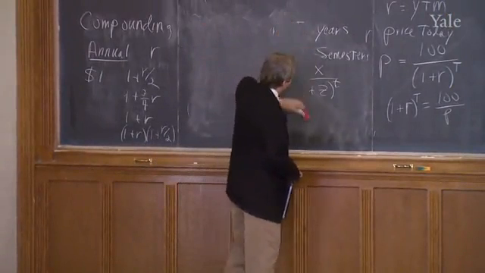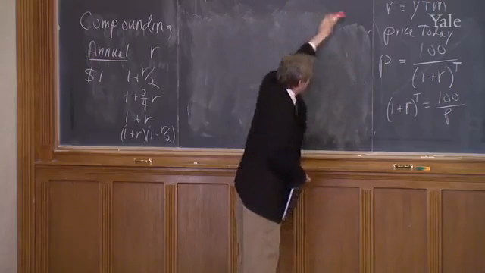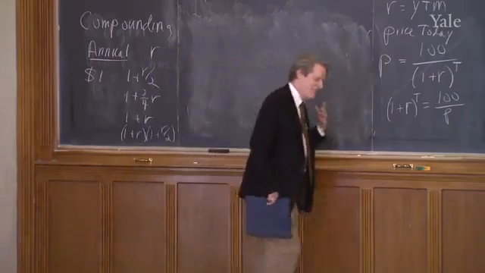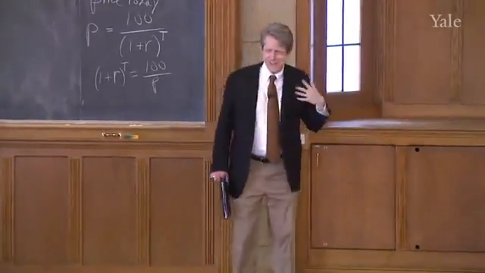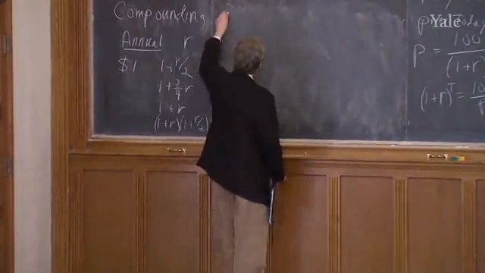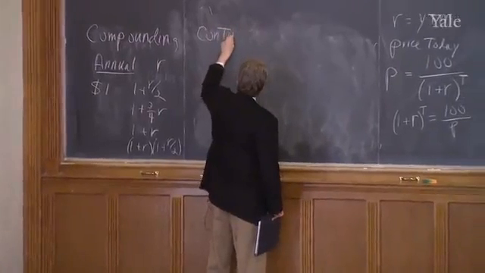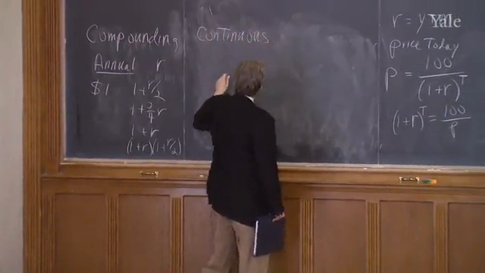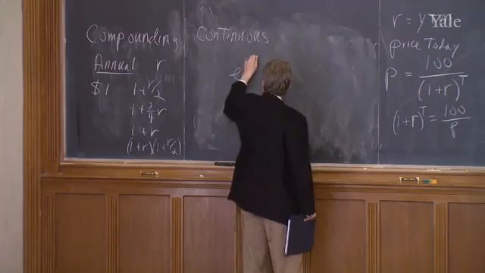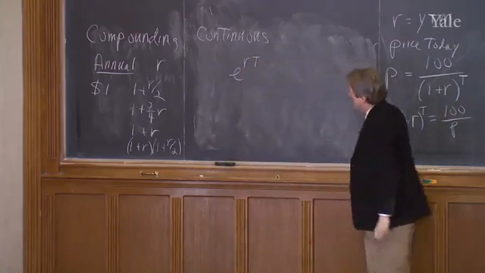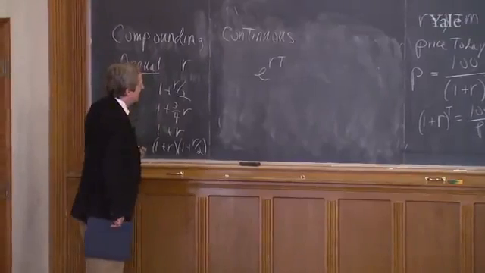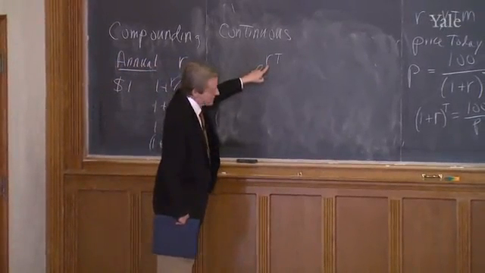What if you compound really often? You could do daily compounding, which would mean you would start earning interest on interest 365 times a year. The limit is continuous compounding. The formula for continuous compounding is e to the RT, where e is the natural number 2.718 and R is the continuously compounded interest rate.